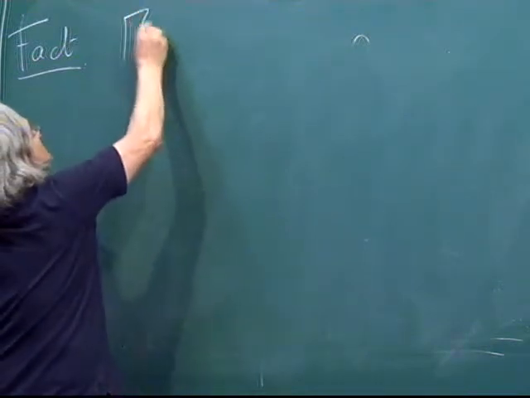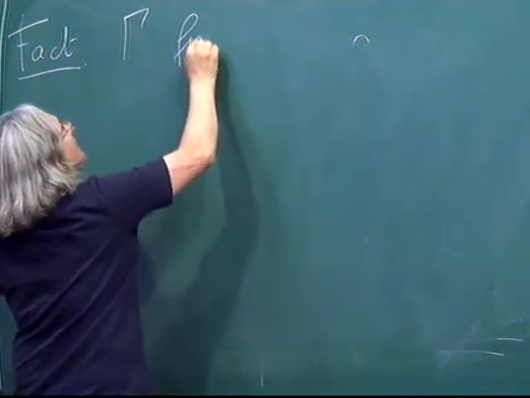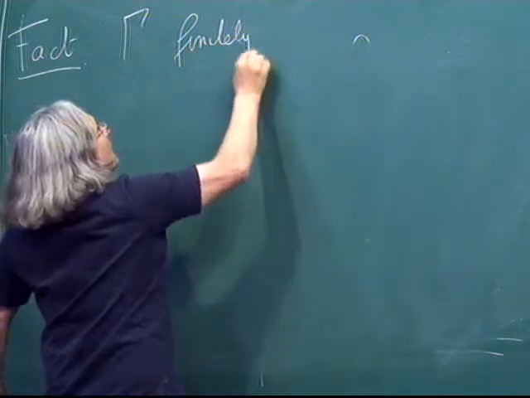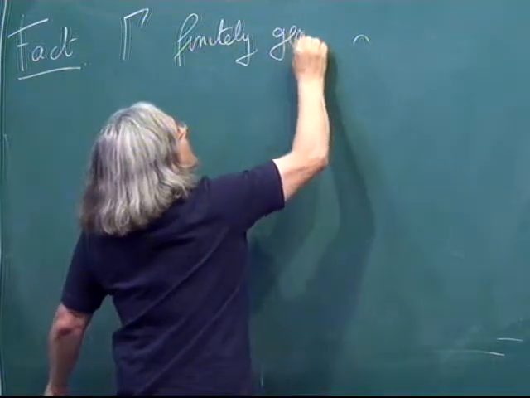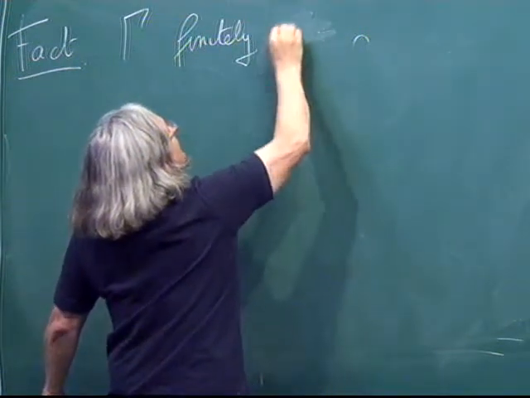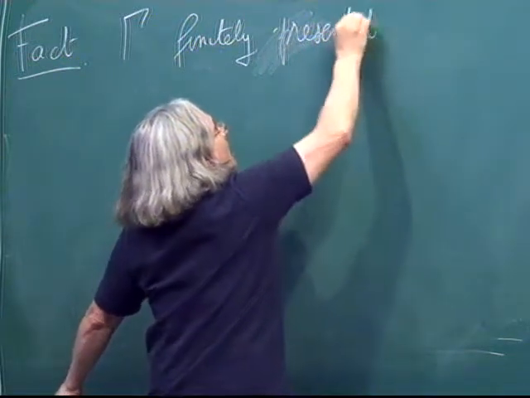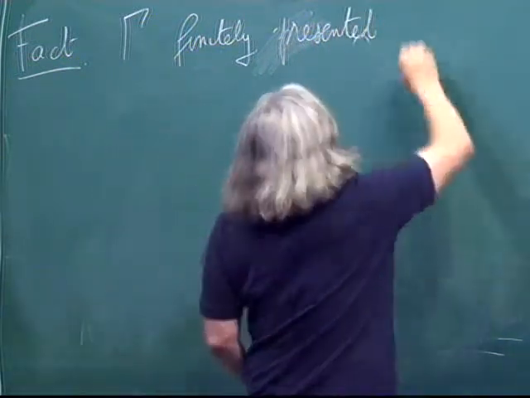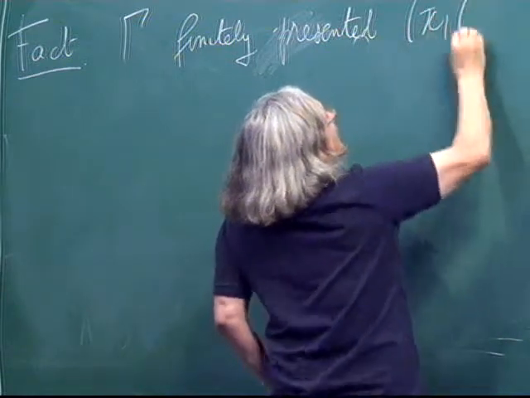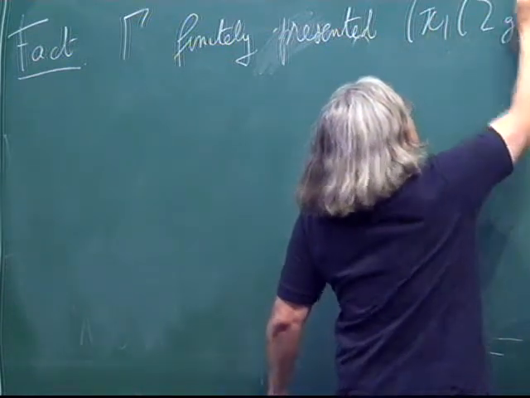You consider a group gamma, and you just assume that it's finitely generated, or even presented, if you wish. But if you don't like this generality, you think fundamental group of the surface of genus G.